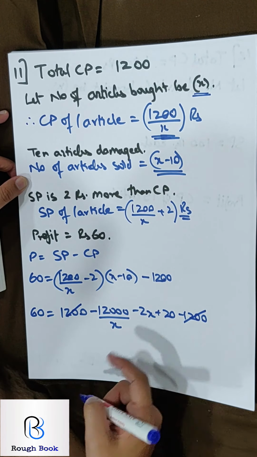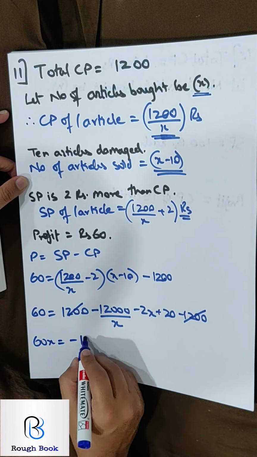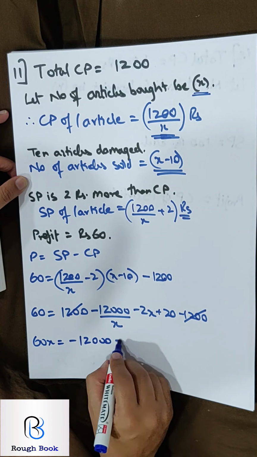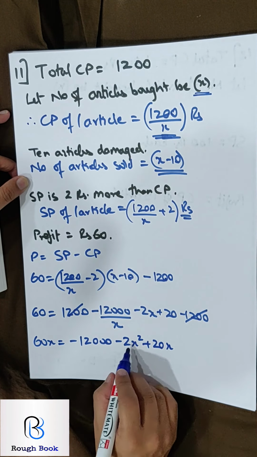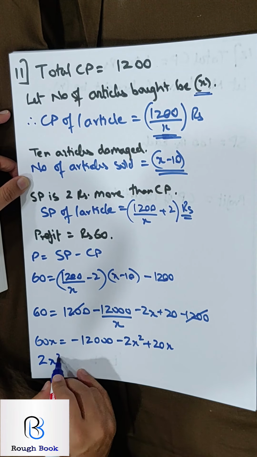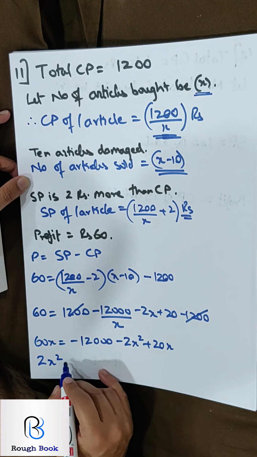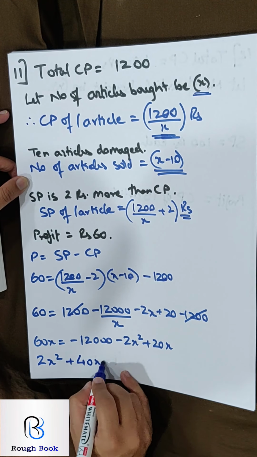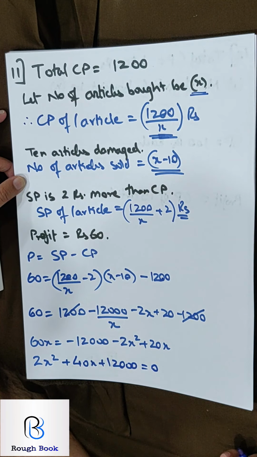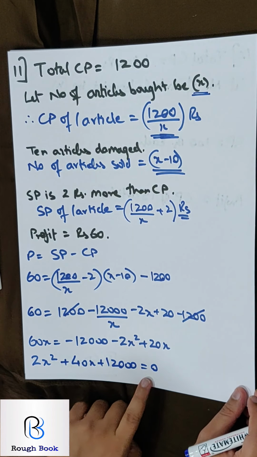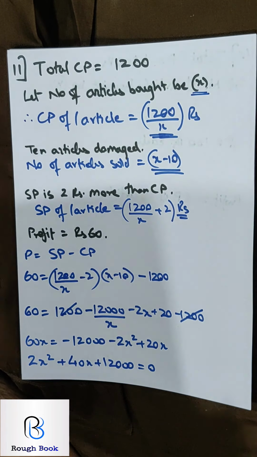Taking the LCM, so this will be 60x equals minus 12,000 minus 2x square plus 20x. So this comes on the other side, 2x square positive. 60 minus 20 will give me 40x plus 12,000 equals 0. So did we manage to get the first part of this? Yes, absolutely.